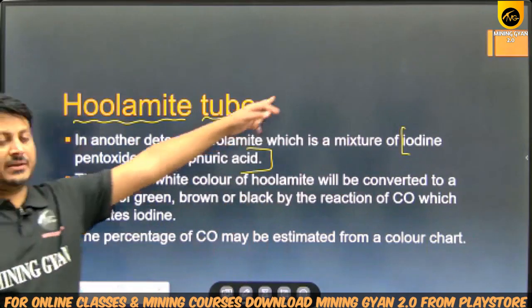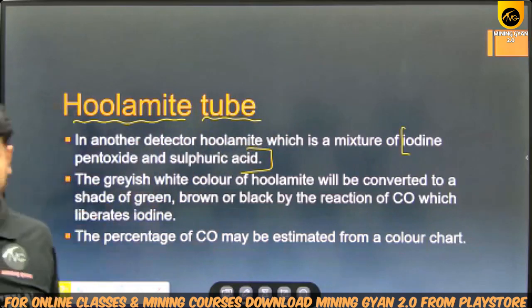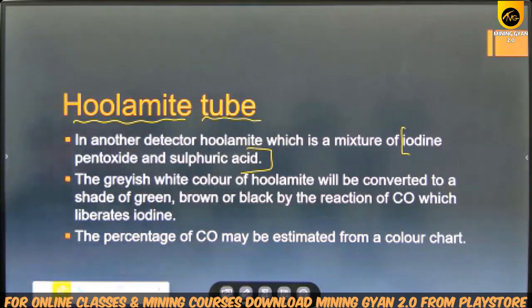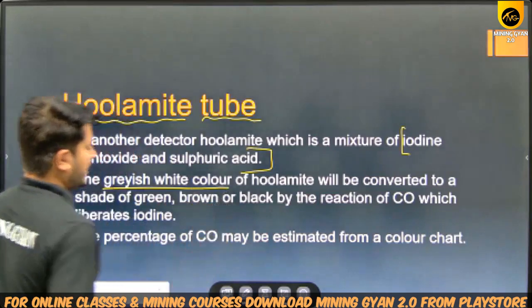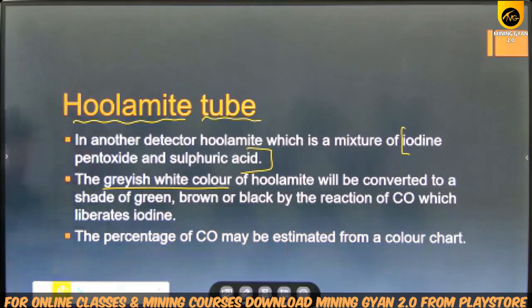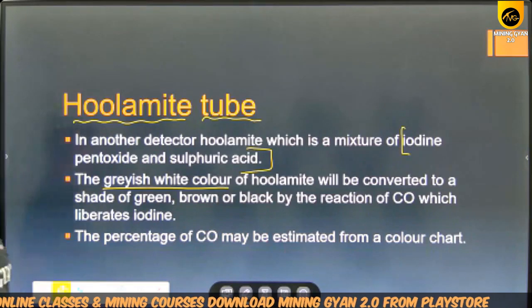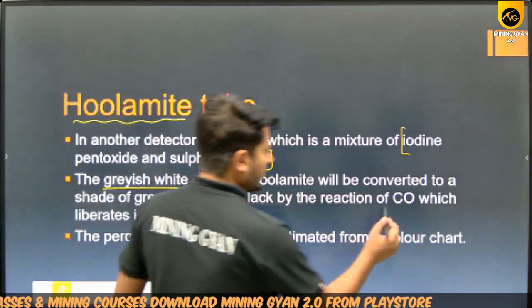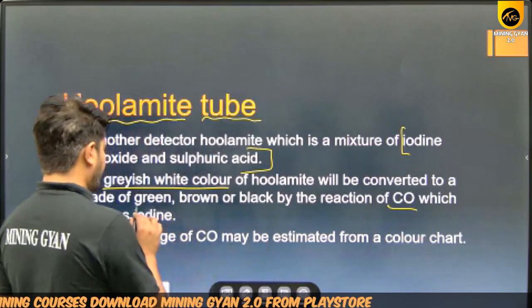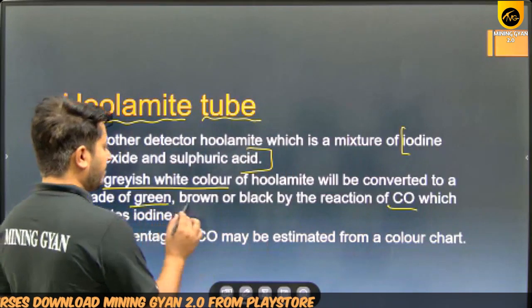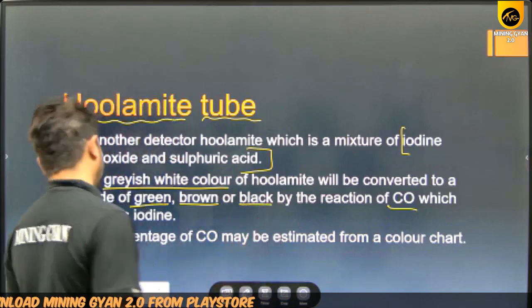Just write it down over there. It is grayish white in color, but when it comes in contact with the carbon monoxide, its color changes to green, brown, or black shades.